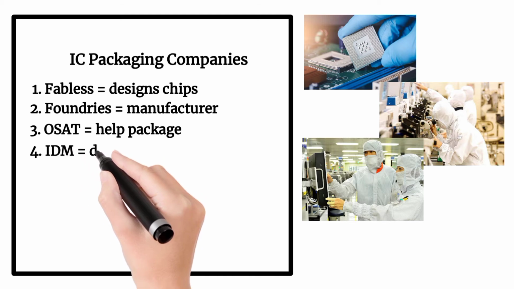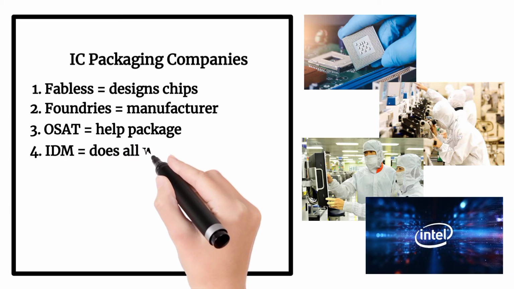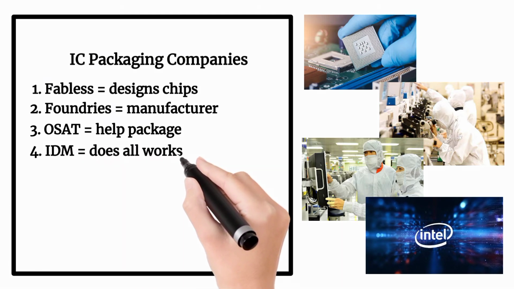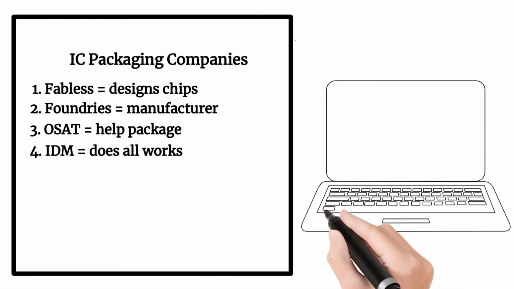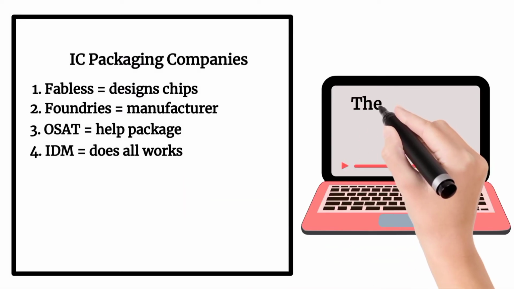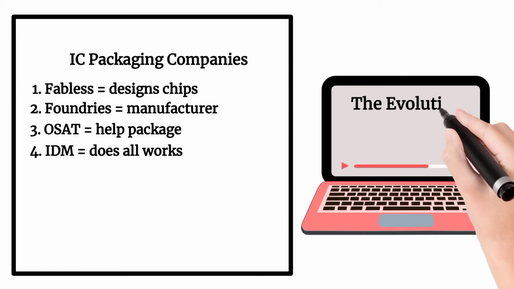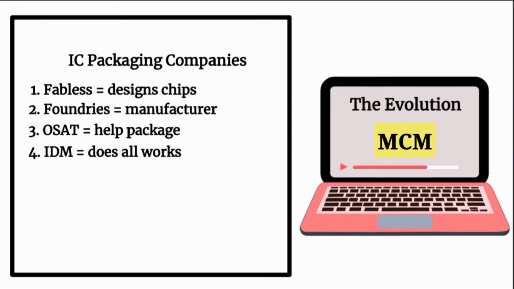Lastly, we have the integrated device manufacturer or IDM, which does all works from designing to manufacturing to selling their products. We also see how integrated circuitry had evolved from system on chip to multi-chip module to system in package to system on package.